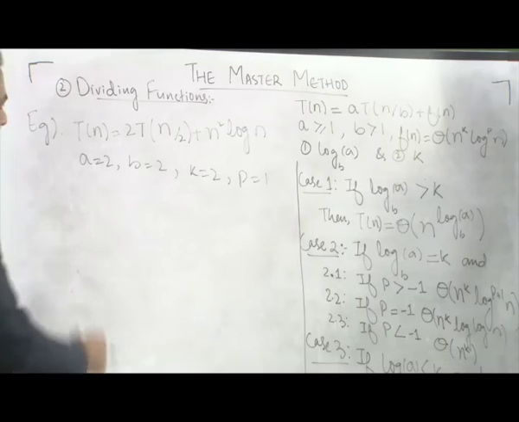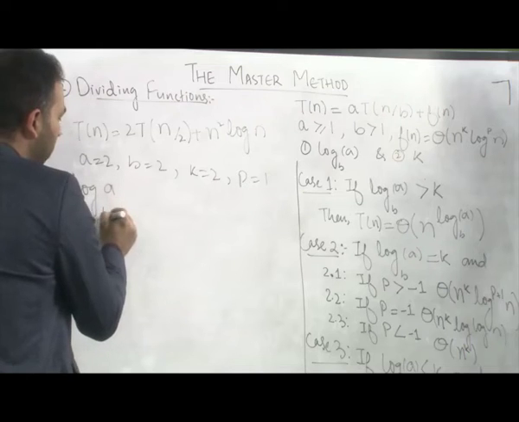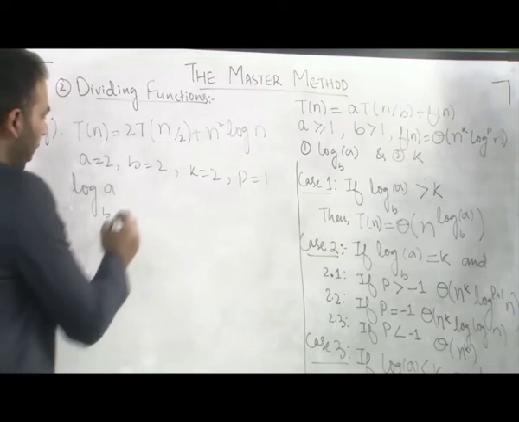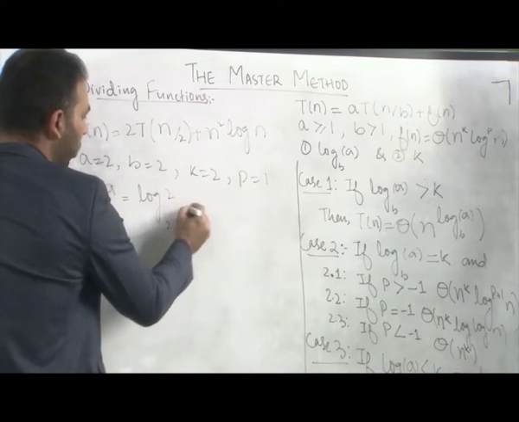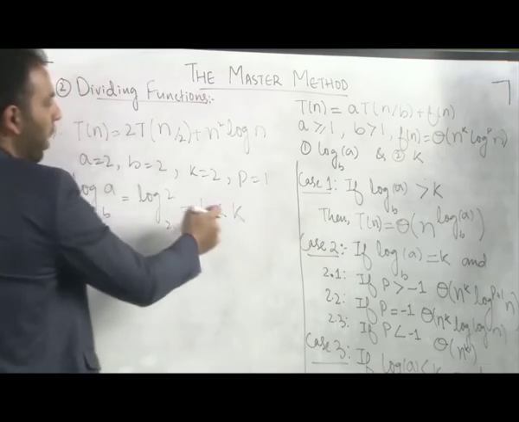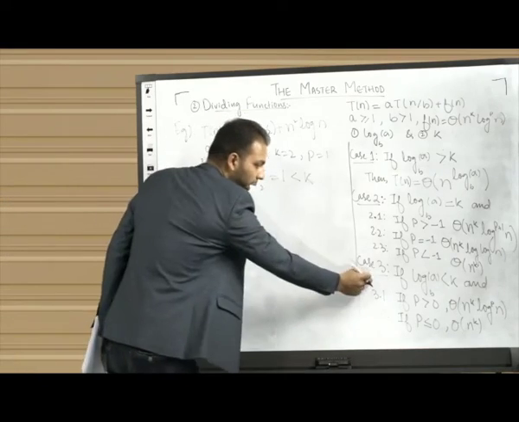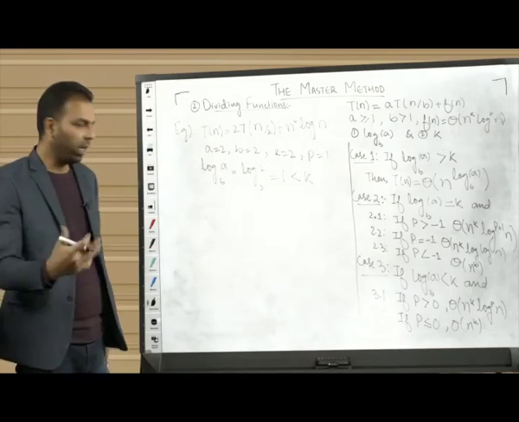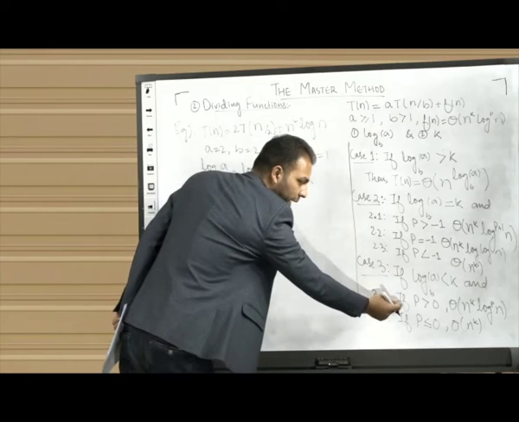Now let me take log a to the base b. It is log 2 to the base 2, which is equal to 1. But 1 is less than k, because k is 2. So it goes to case 3. Again you have to look at p. P is 1, which is greater than 0.